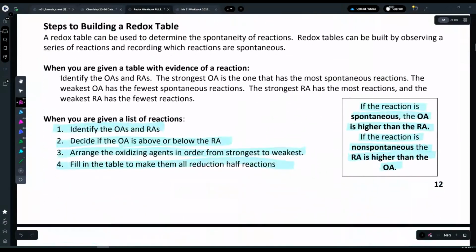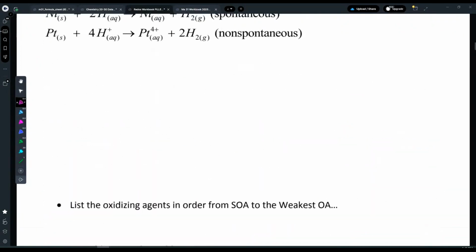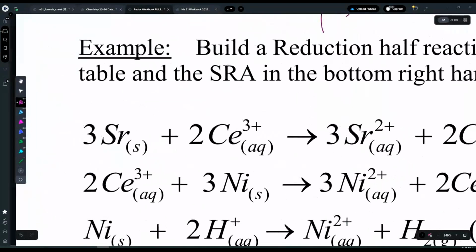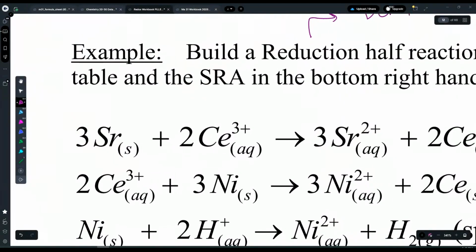Okay, so step 1, identify the OAs and the RAs. Here I'm going to focus on strontium. I noticed that strontium starts with a neutral charge and then goes to a 2+ charge.